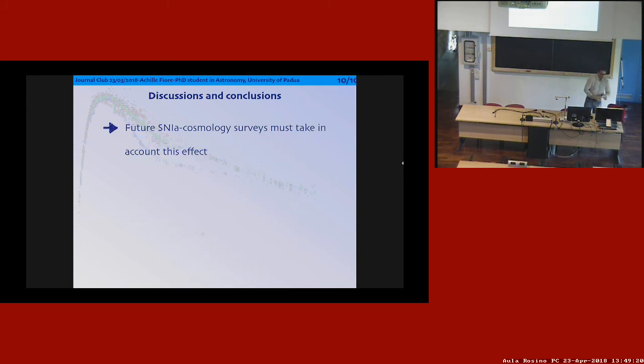So, conclusion: further cosmological surveys should take into account this effect, in order to not bias the cosmological parameters.